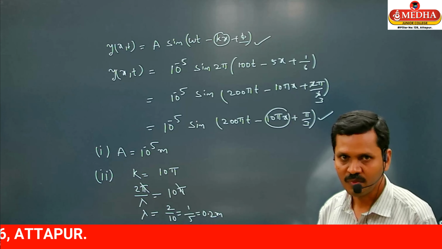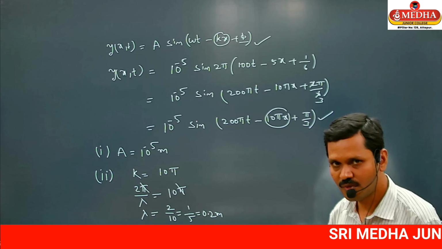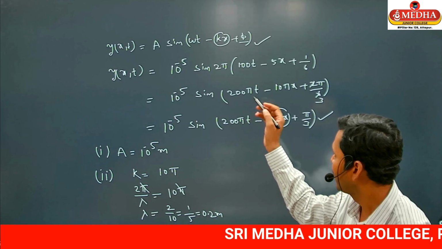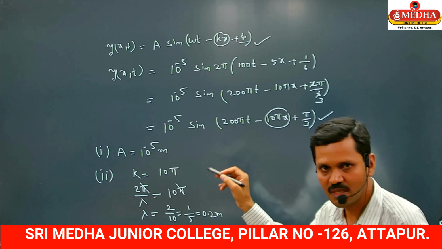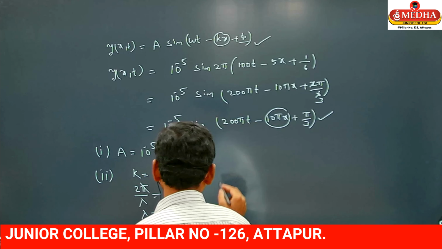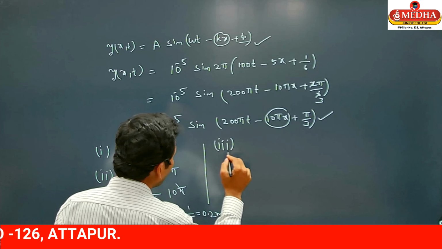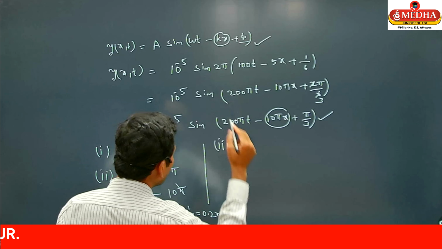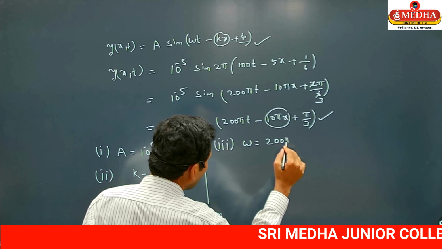And one more here, frequency I am calculating. Linear frequency and angular frequency are both different, but omega, which is the t coefficient, is called the angular frequency. Now third bit here, comparing the t coefficient, omega, in the given problem this value is 200 pi.